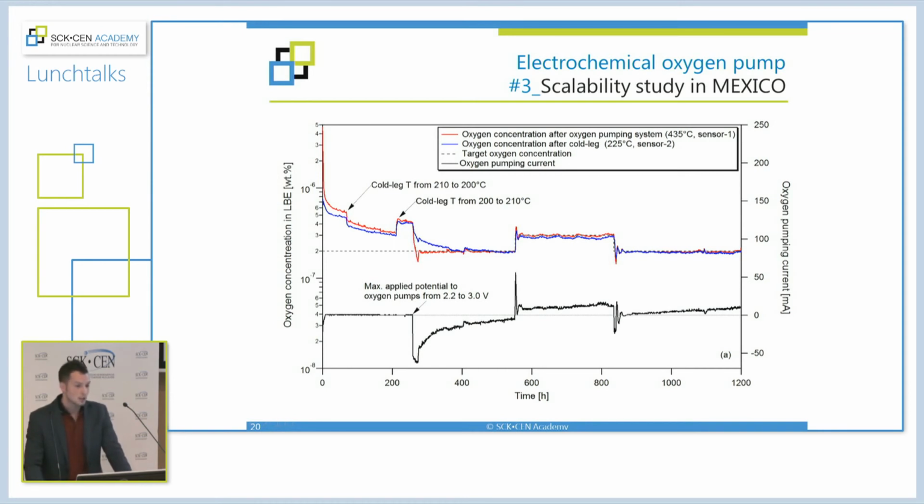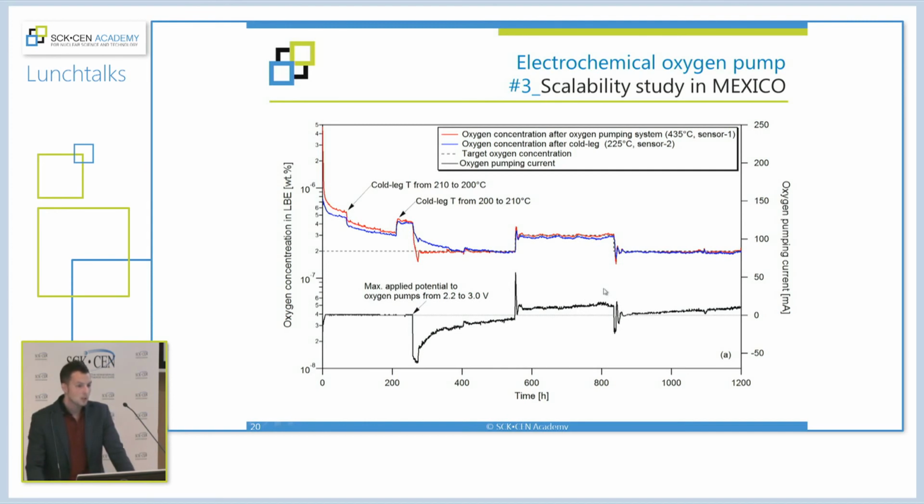There is nothing in the loop that is giving oxygen anymore as before. So the main message here is that this behaves exactly as we expected: from the extraction of oxygen in the first part, the mass transfer limit that we observed in LBE, from the decomposition and the possibility to extract oxygen in this way, and from the adding of oxygen.